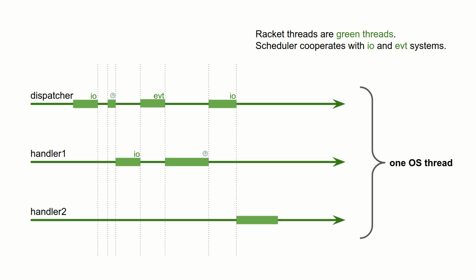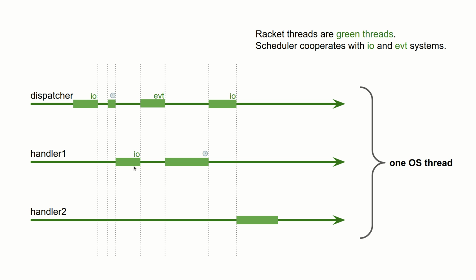And this means that since wire-based connections just use ordinary Racket I/O, wire-based connections work perfectly with the Racket thread scheduler. For example, if you have a wire-based database connection that blocks doing I/O, the Racket thread scheduler can allow another Racket thread to run while it waits for this I/O to complete.